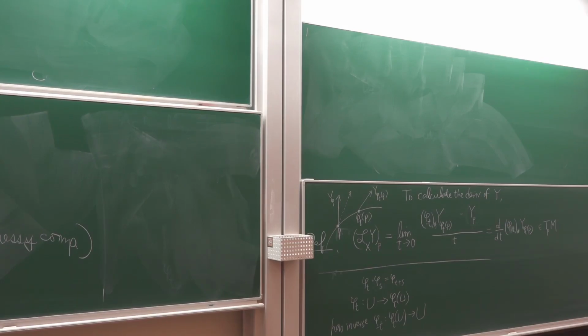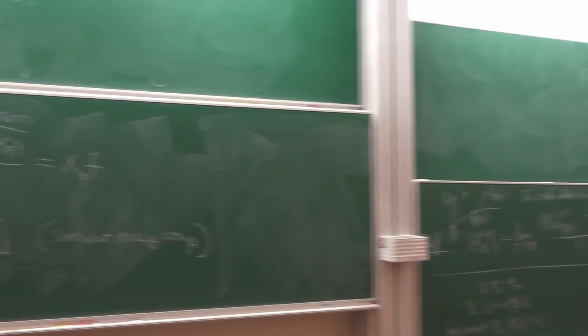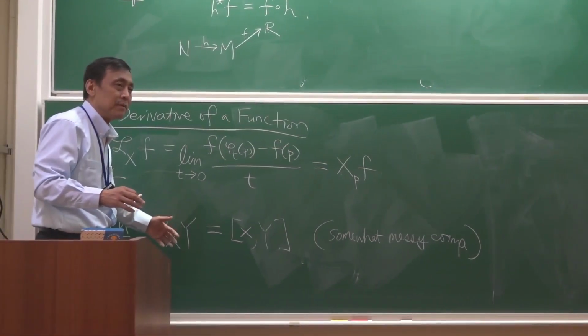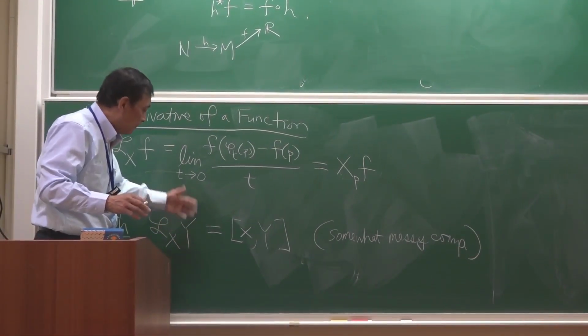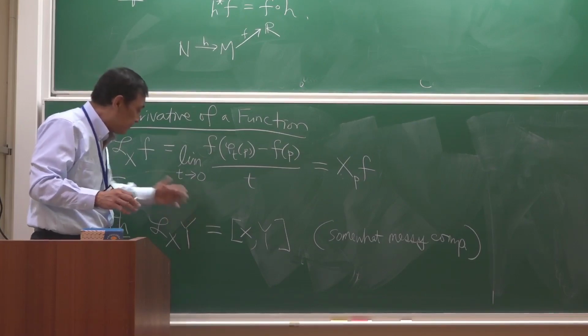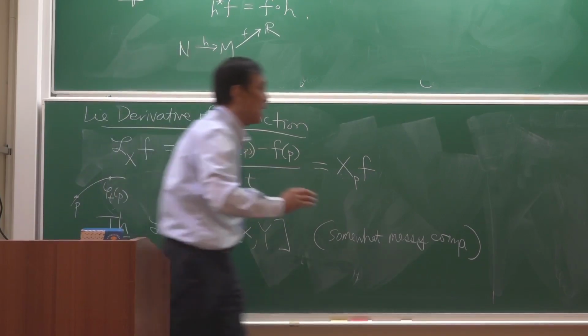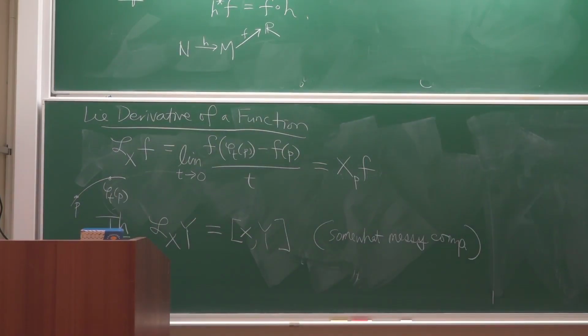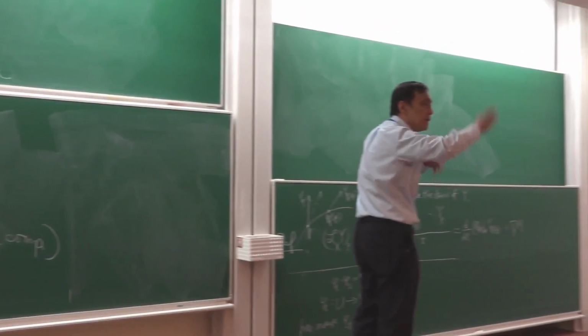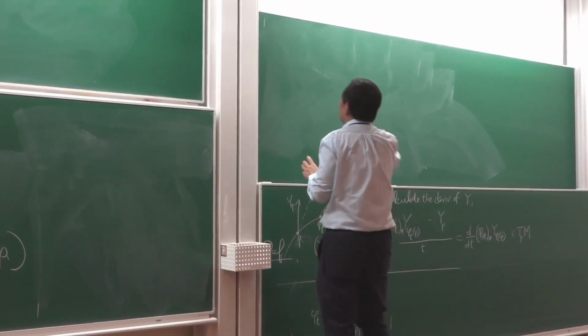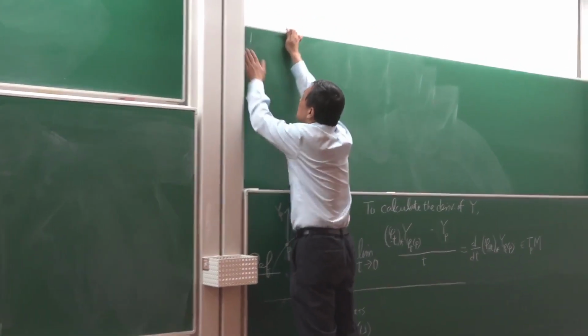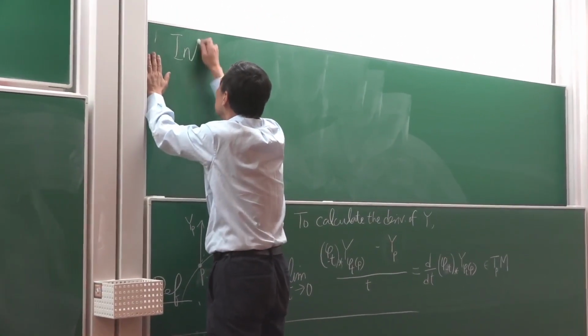So you cannot define the Lie derivative of a vector. It has to be the Lie derivative of a vector field with respect to another vector field, okay? Because you need the values nearby. But for interior multiplication, you can define it at a single point, without any other points nearby. So you can define interior multiplication on a vector space.